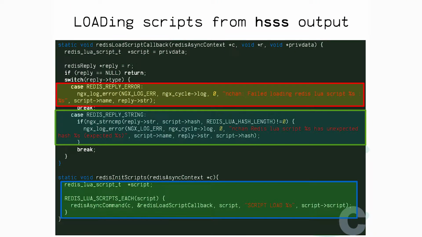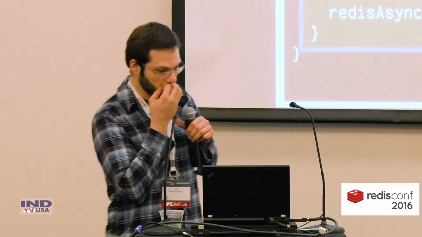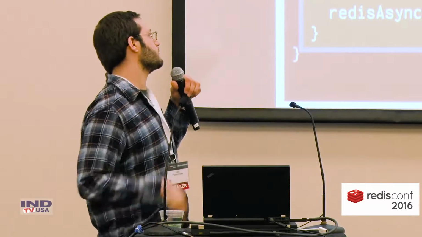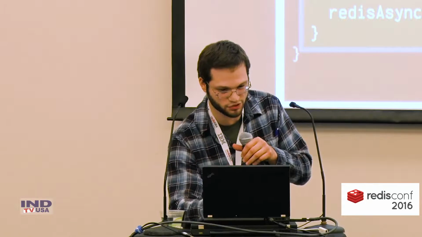So here's how you go about loading the actual scripts. I use the iterator macro that HIS provides. That's the redis Lua scripts each right there. And within the iterator macro loop, I run a script load command, pass the script source as a parameter to the script load command, and as part of the private data, I include the script struct, and there's also the load callback.